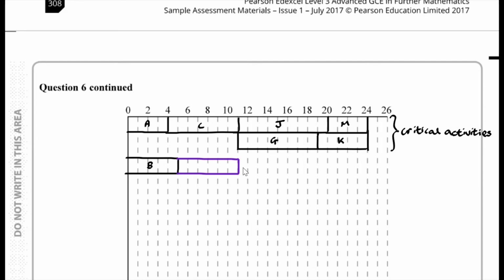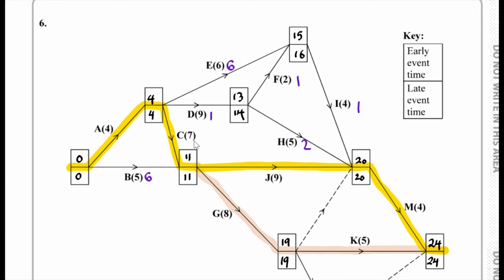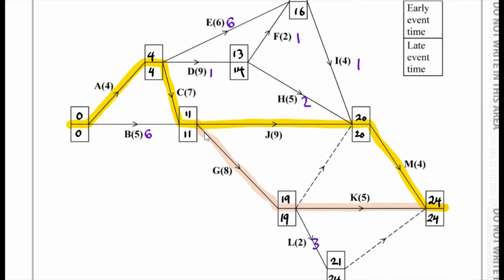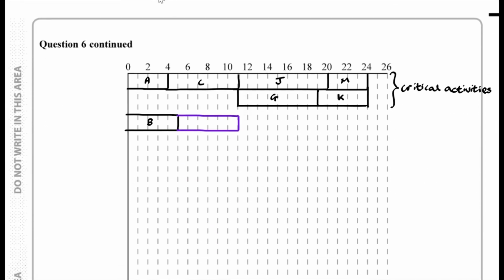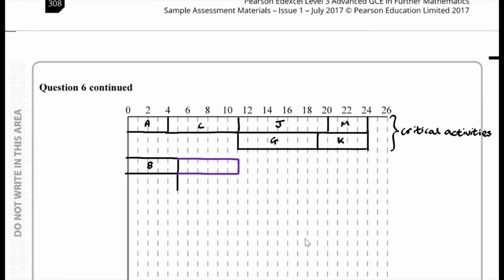And we've also got D as well, somewhere here. Now D starts when A is finished. So D has a length of 9. And 4 plus 9, that's 13. So D starts here somewhere. Actually, oh, we've got enough space.